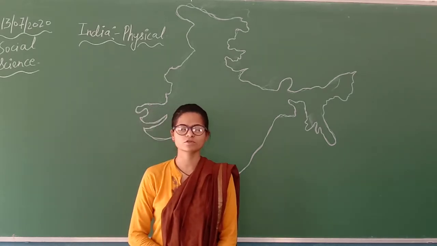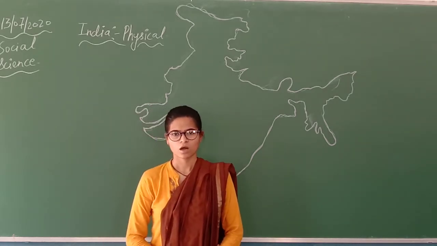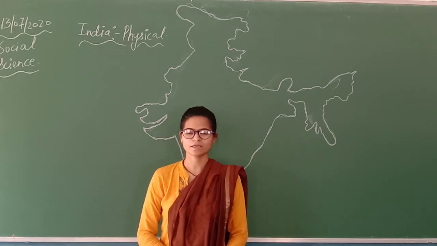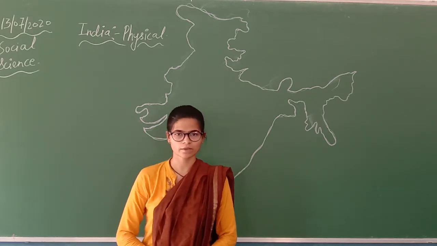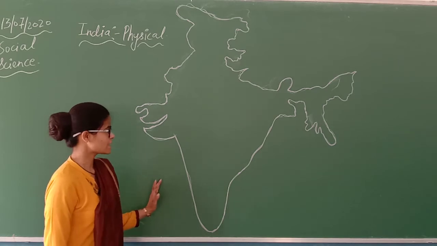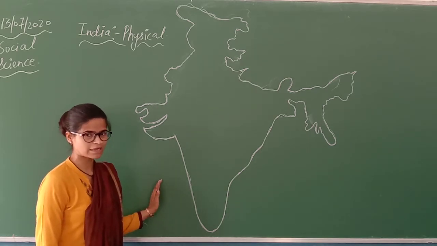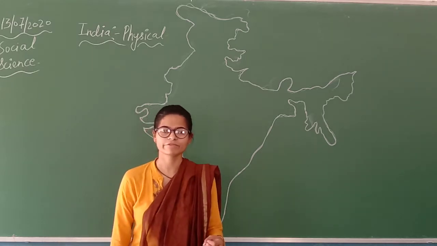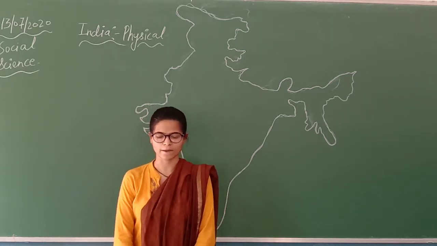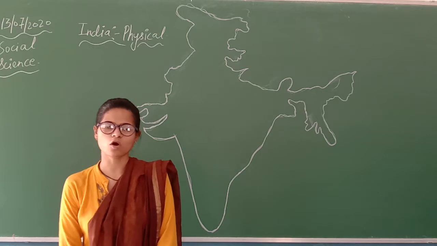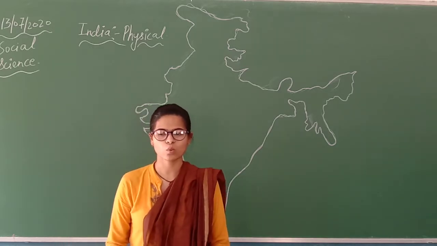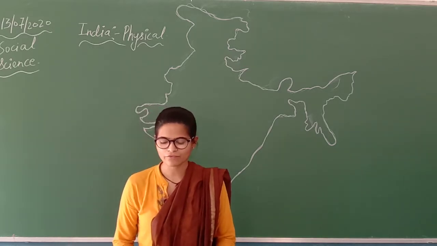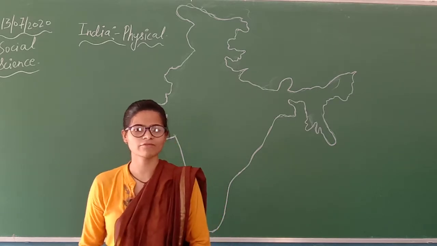So today we are going to start with a new chapter of India and its physical division. I have drawn India's physical map for you so that it is very easy to understand the physical divisions of India. As you all know, India is a vast country and we have different types of landforms.